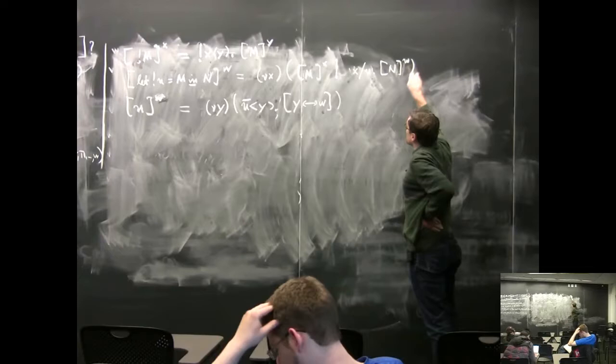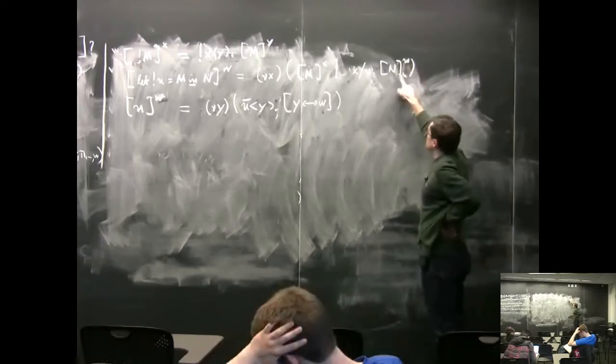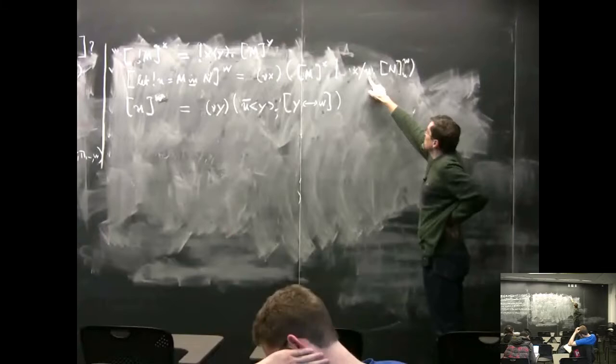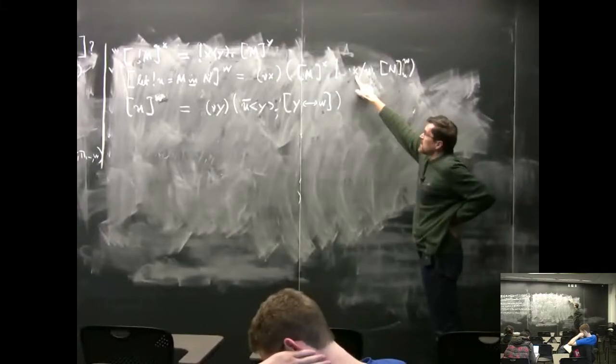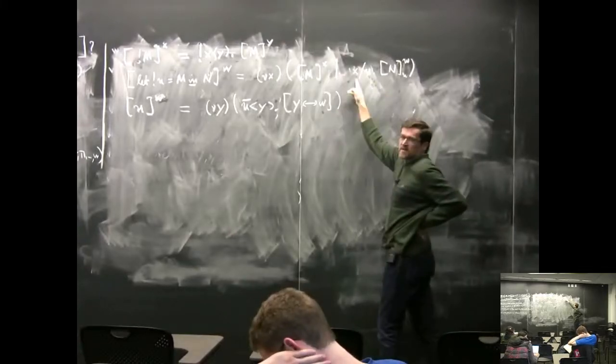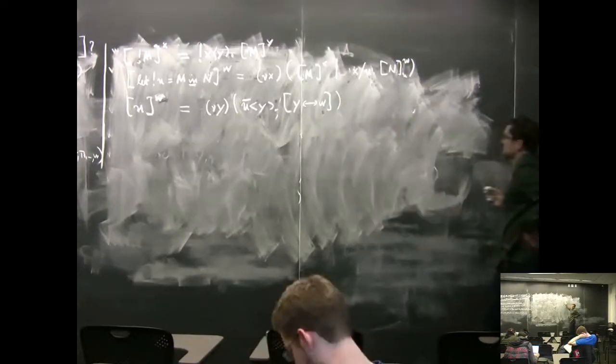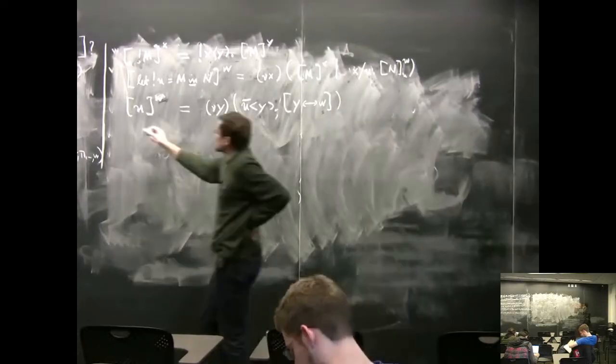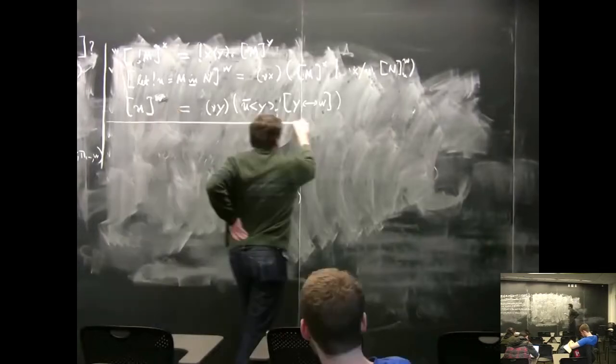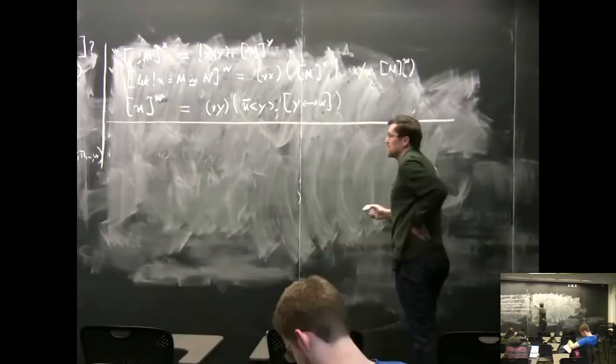With respect to w. Okay, and it makes sense. N contains u, so if I want to make that explicit, I would write u here. But then we substitute x, because x is the one that we cut here. Okay, all right, good. So now we just have to translate this into our substructural operational semantics rules.